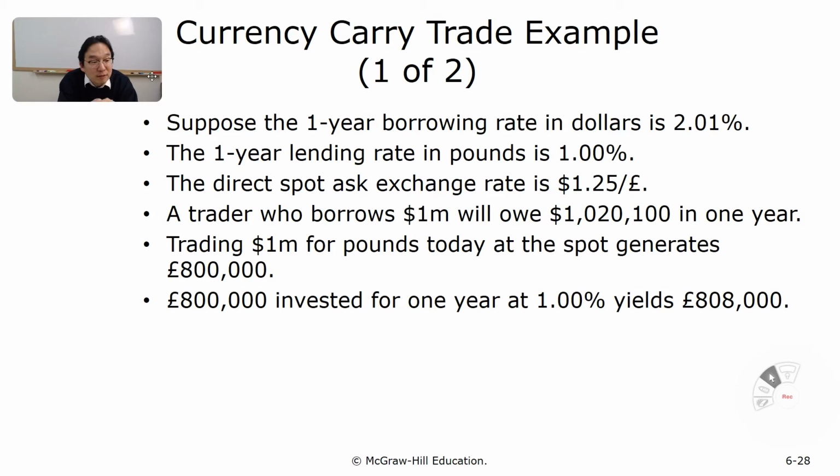Trading $1 million for pounds today at the spot generates 800,000 pounds, and then 800,000 pounds invested for 1 year at the British pound rate of 1% yields 808,000 British pounds.